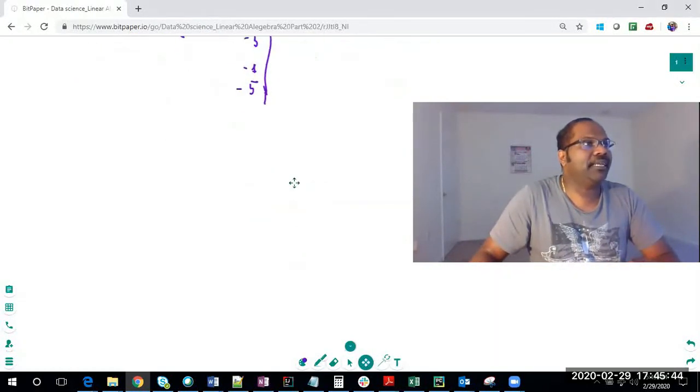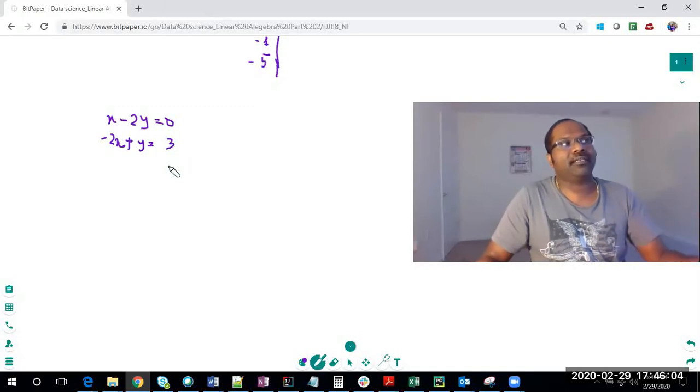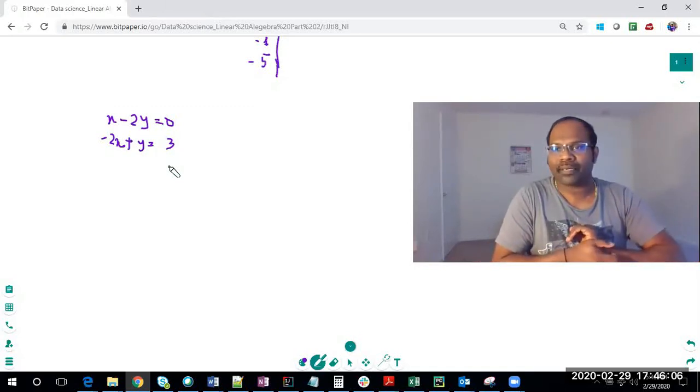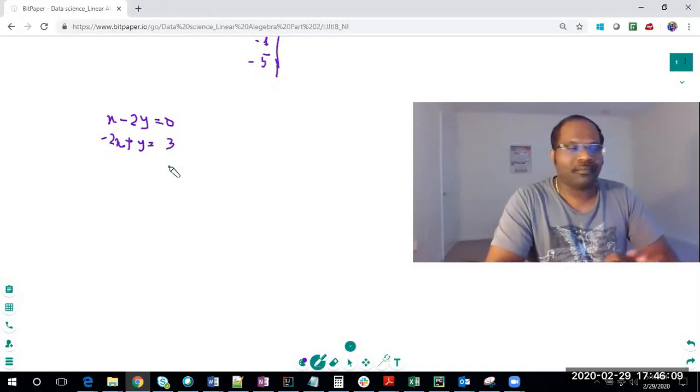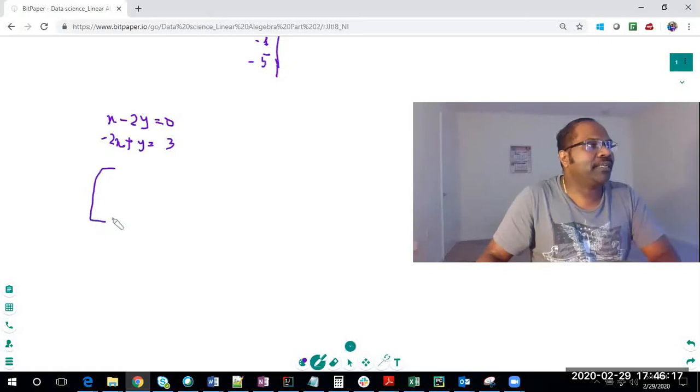Let me write the equation again here. x minus 2y equal to 0, then minus 2x plus y equal to 3. So how can we convert this into a column presentation? There's one way we do it. So let's put it into a vector and matrix format.